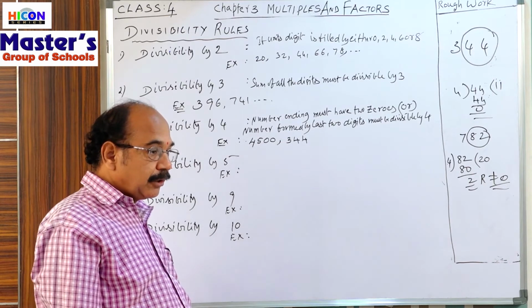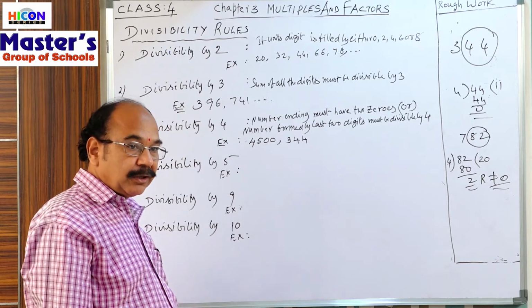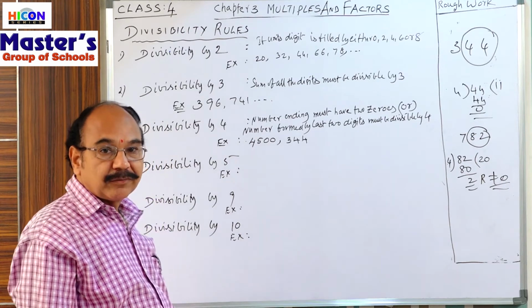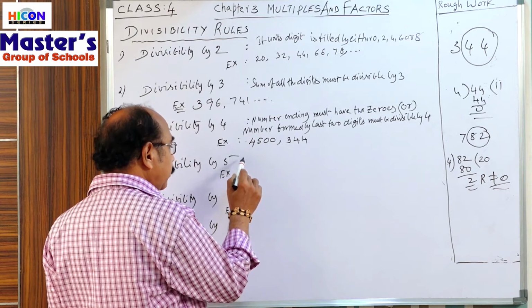Divisibility by 5. If the unit digit is filled by either 0 or 5, then we can say that the number is divisible by 5. So here what is the condition?